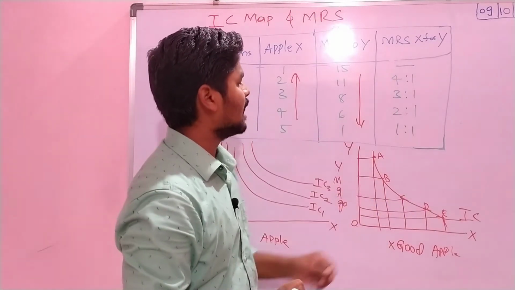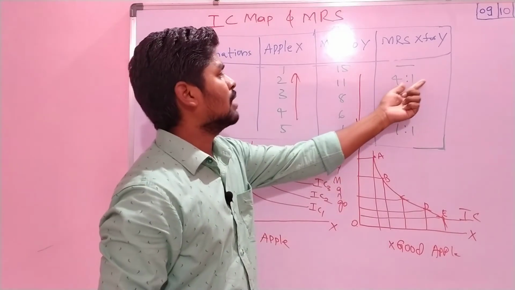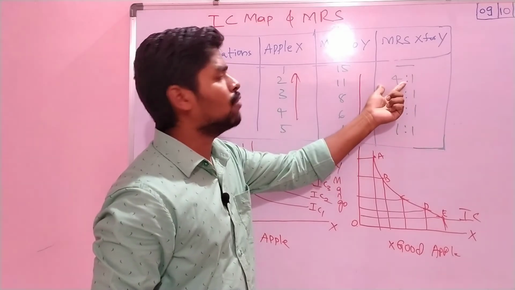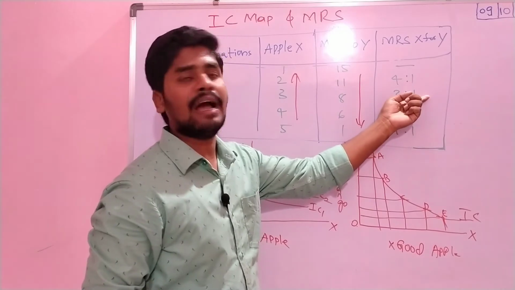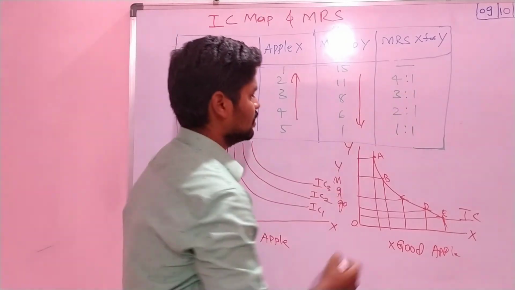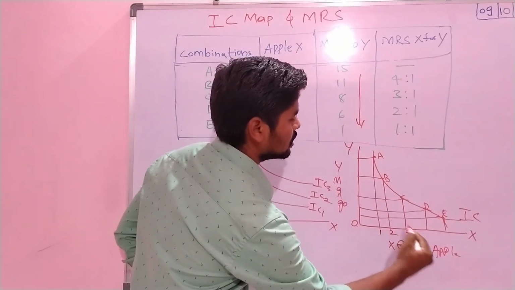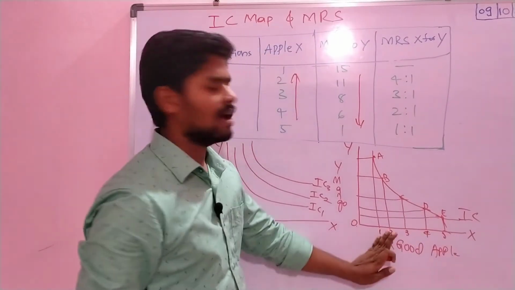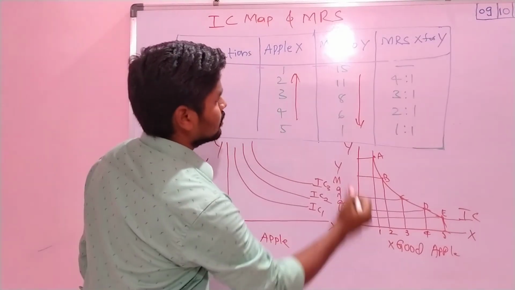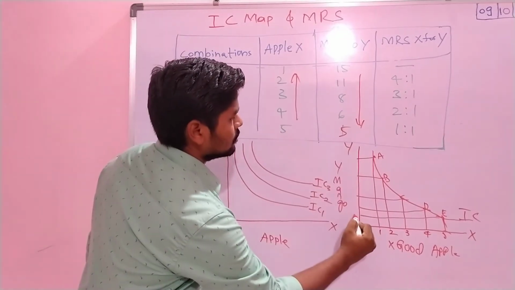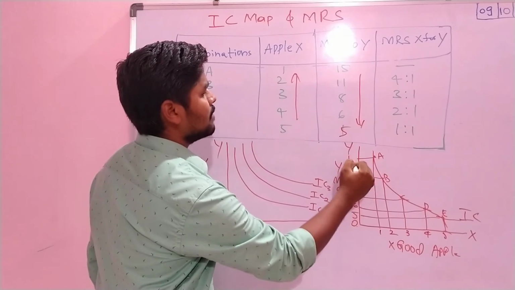MRS means that for getting one apple you are forgoing 4 units of mangoes, then 3 units. On the X axis we take 1, 2, 3, 4, 5 apples, and on the Y axis 5, 6, 8, 11 and 15.